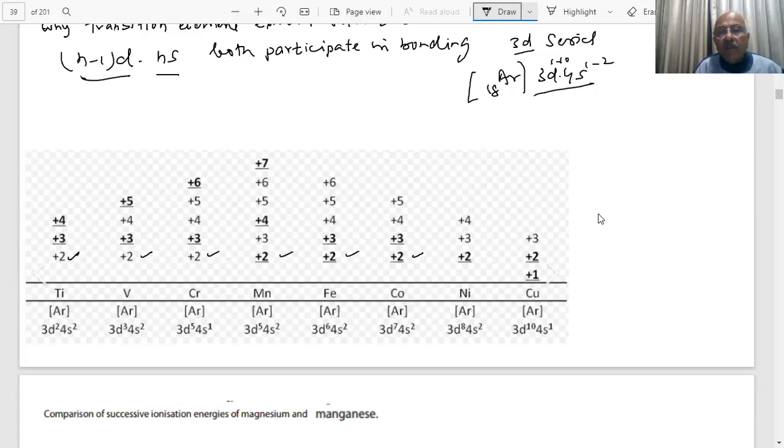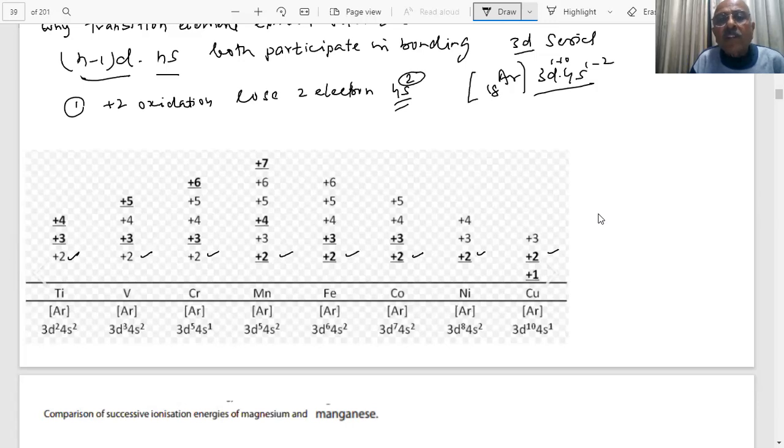Tell me. Yes, sir. +2 means they are losing 2 electrons, +2 oxidation state. First point, +2 oxidation state will be obtained, students, when you lose 2 electrons from the 4s orbital, 4s2. This is 4s2. If it loses 2 electrons, then what will happen? You will get +2 oxidation state.